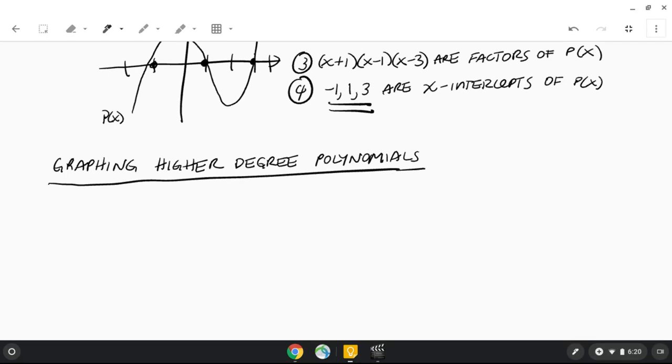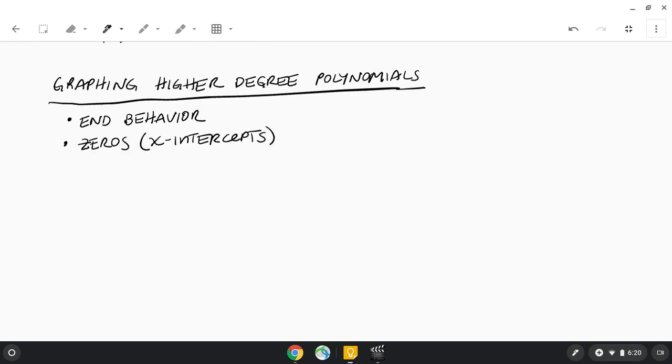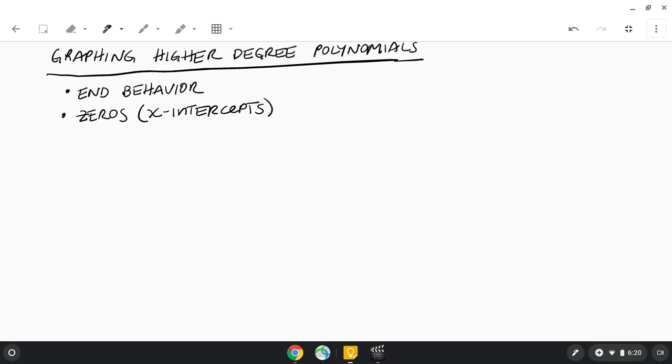Okay, so again, we need to know end behavior, and we need to know the zeros, which are the same thing as saying the x-intercepts. Okay, so if we can figure out those two things, then we should be able to get the basic sketch of the graph.